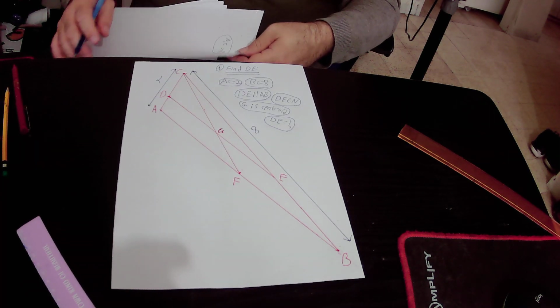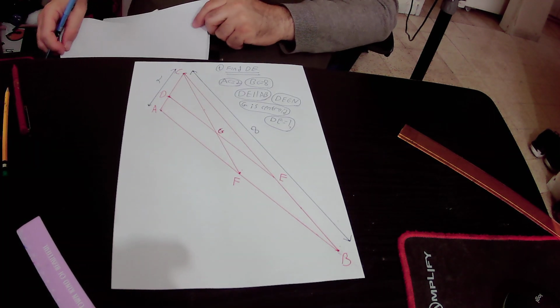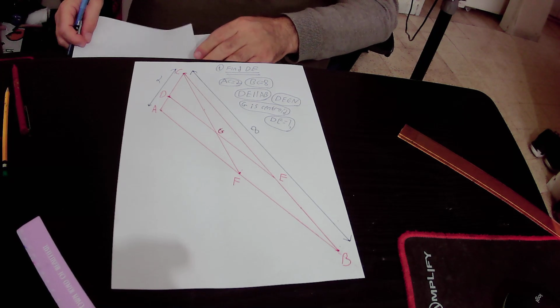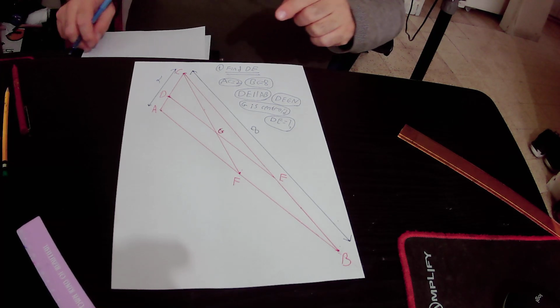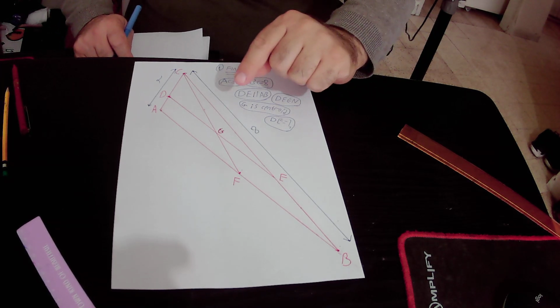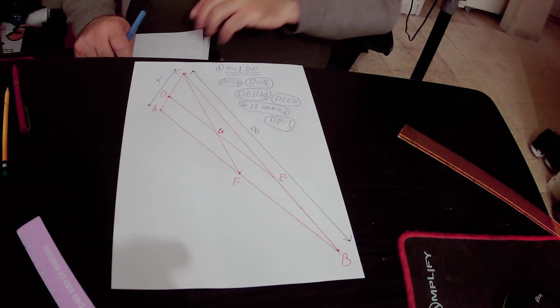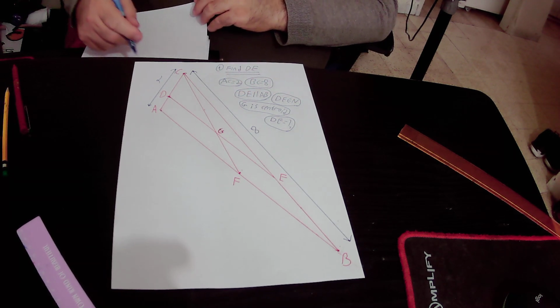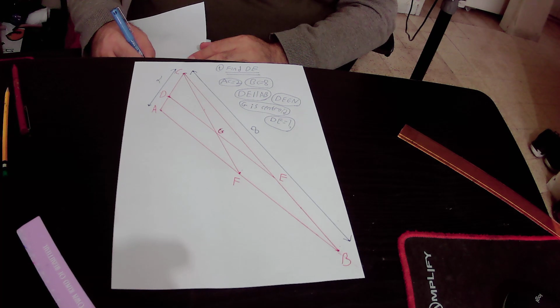And actually we have a rule that relates to the centroid of a triangle. We call it rule number 1.